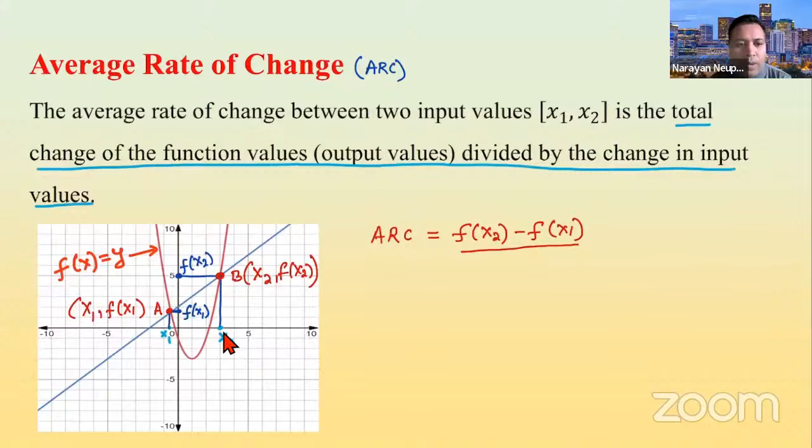So the change will be x2 minus x1. The equation that we got here is the formula to find the average rate of change. So make sure you highlight that as a formula.